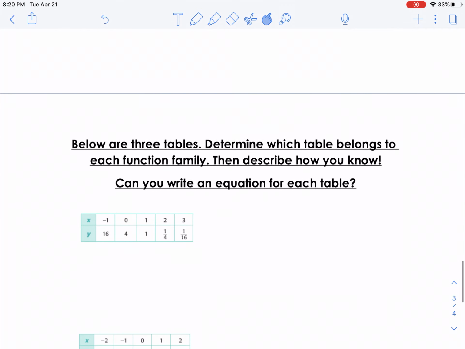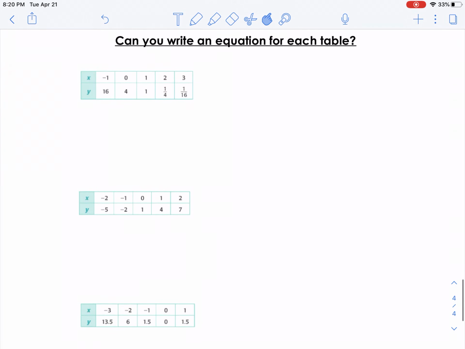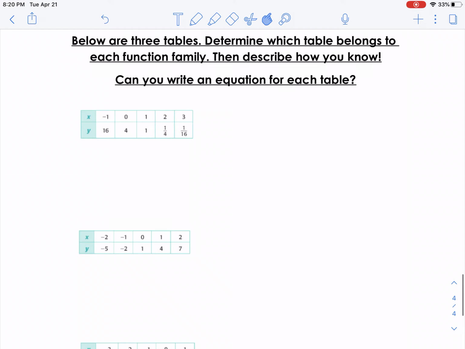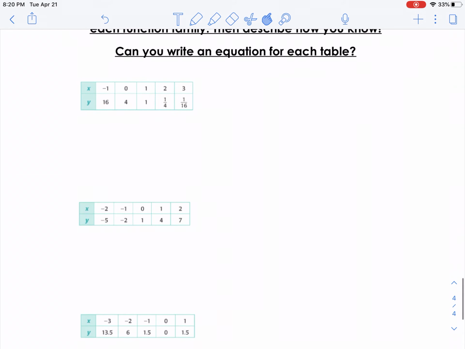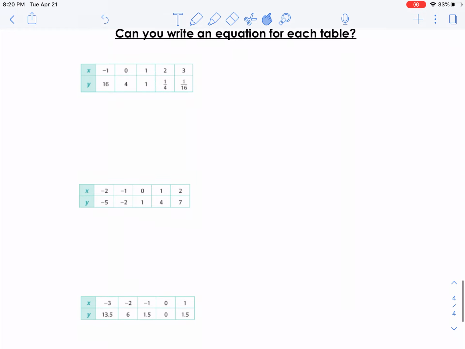Okay? Now, the key to the whole lesson. How do you tell from a table of values which is linear, which is quadratic, and which is exponential? So you should remember how to do this. Linear is probably your easiest one. Everyone should know how to figure out which one's linear, right? You look at the y values.